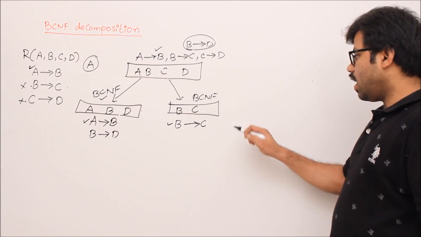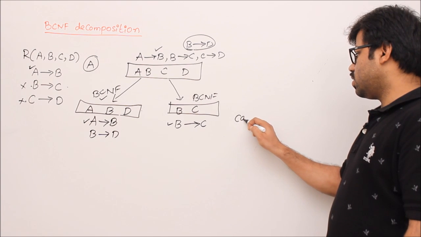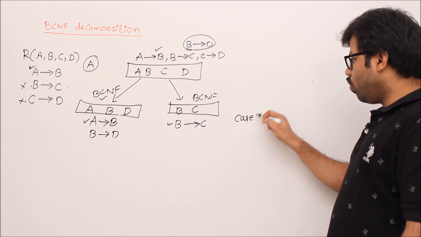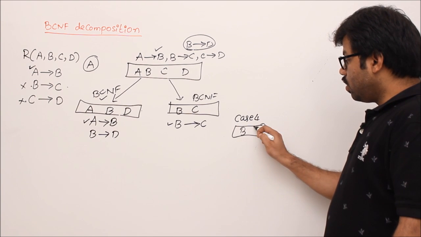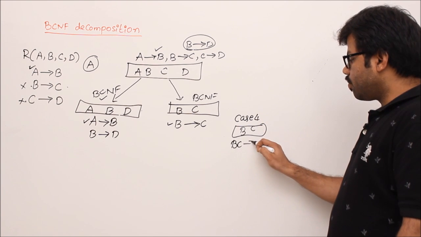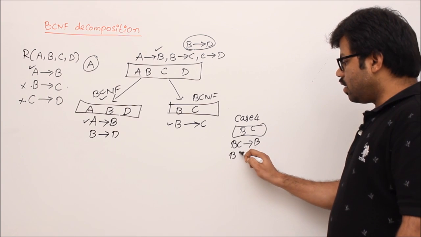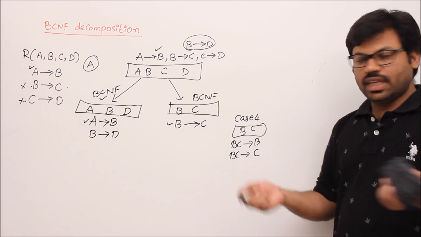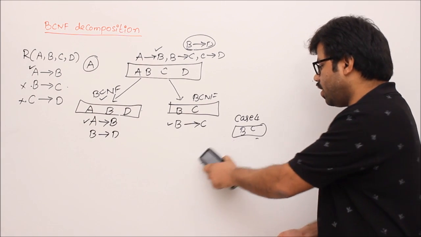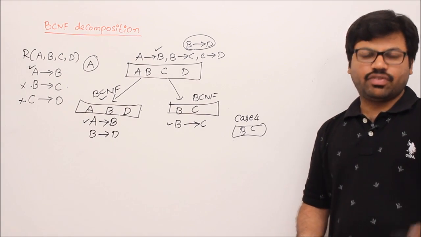Think about it. Sir, I have another case. What is that? Some student can say that, sir, I have a fourth case, that is, BC determines B, and BC determines C. So these are all trivial rules, right? Reflexive rules. So they are not important. We don't check them, because of that you don't violate the BCNF condition.